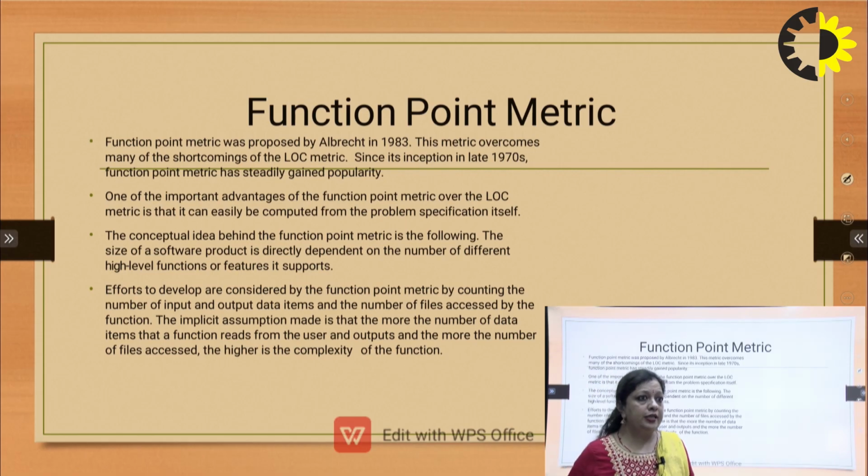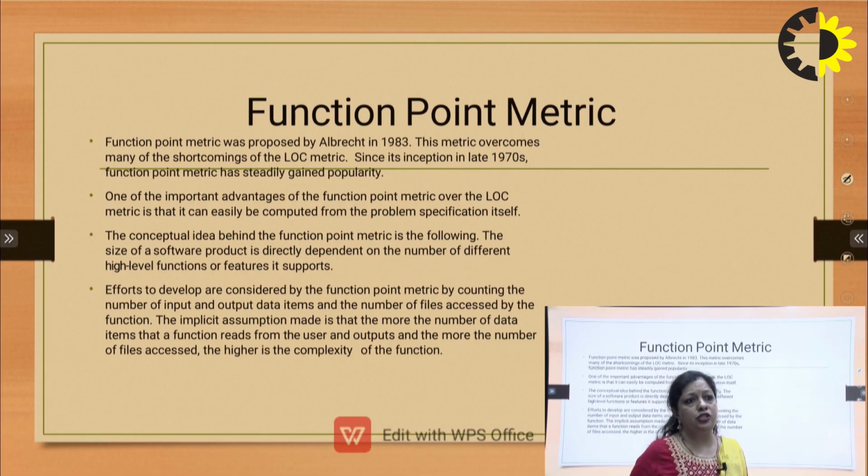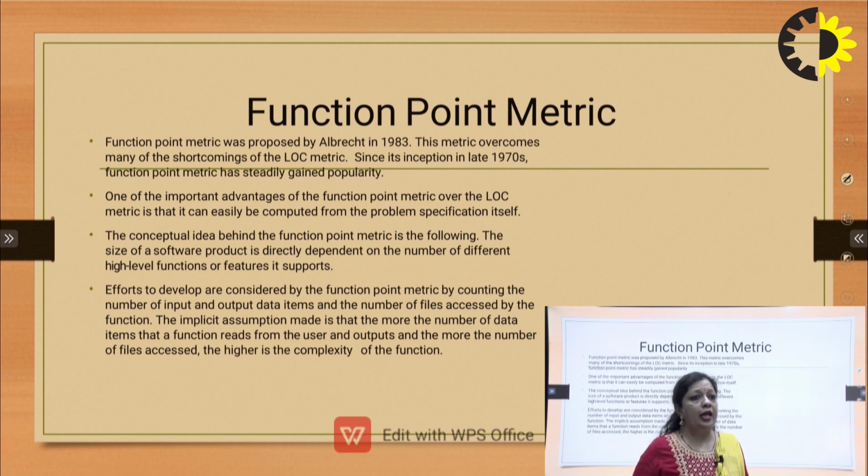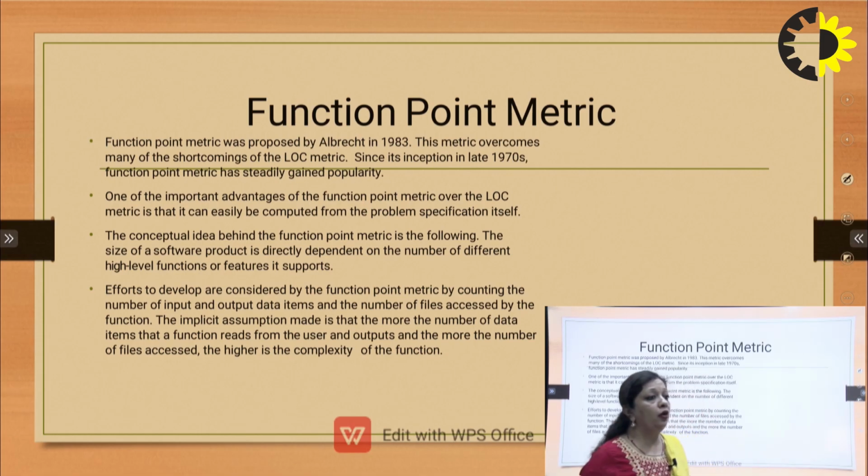After its inception, this method gained a lot of popularity among the people who were working on the efficiency of different codes. One of the most important advantages of this method over existing methods like LOC is that here the complexity can be easily computed from the problem specification itself.